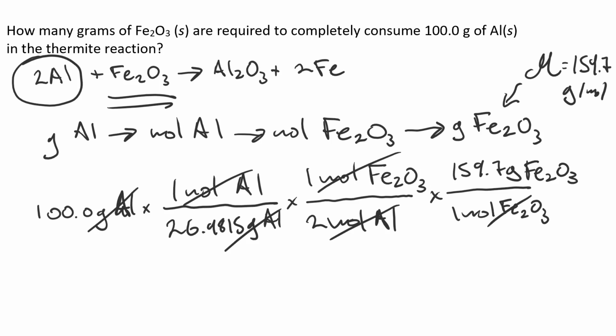Moles of Fe2O3 cancels, and we do our calculation. 100 times 159.7 divided by, parentheses, 26.9815 times 2, close parentheses, press enter, 295.9 grams of Fe2O3.